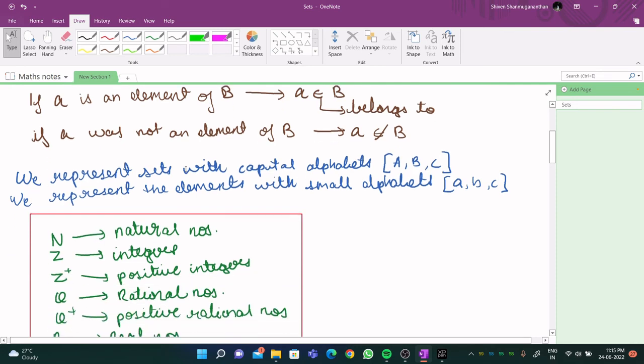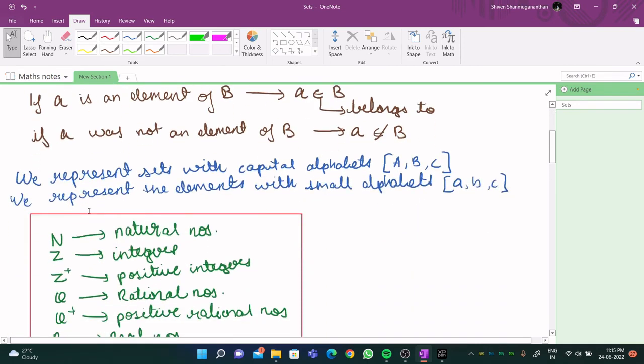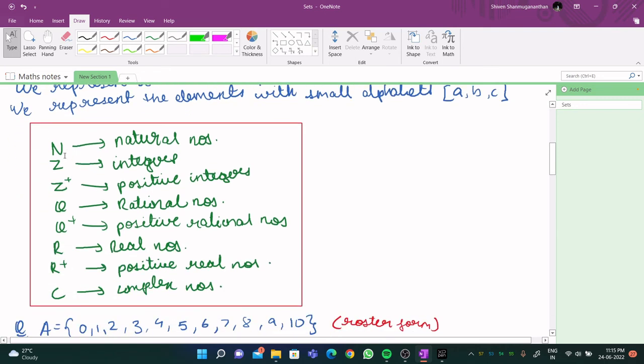We name sets with capital alphabets, as you can see, these are all capital, and we represent the elements inside them with small alphabets. Since we have all these sets that we use a lot throughout the chapter, we have assigned alphabets to them to make it easier to define.